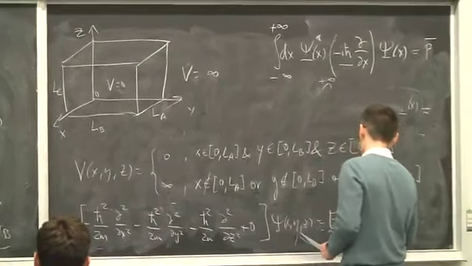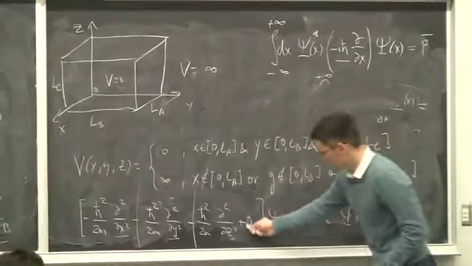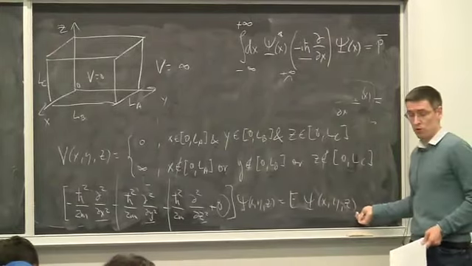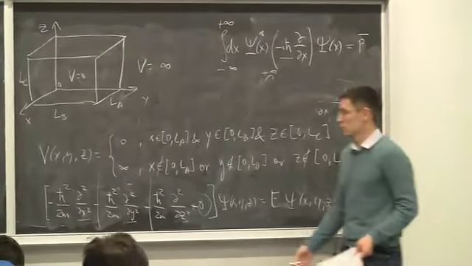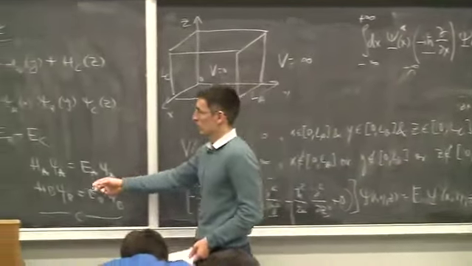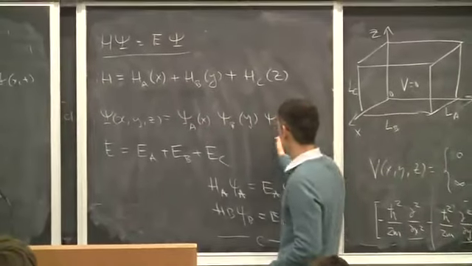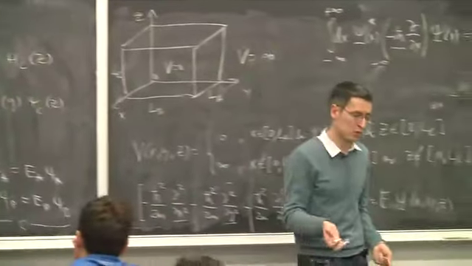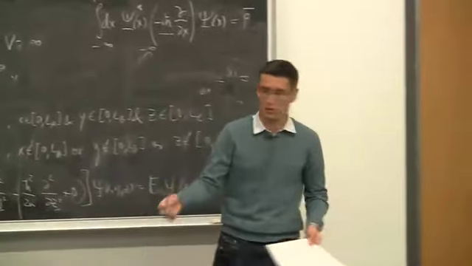Okay, so this is the equation where clearly you have 3 operators, and they all depend on their own variables, x, y, and z. There's no potential, right? So then, in order to solve this equation, all you need is to solve individual equations for x, y, and z, and the individual equations would be particle in a box problems for one dimension, right?